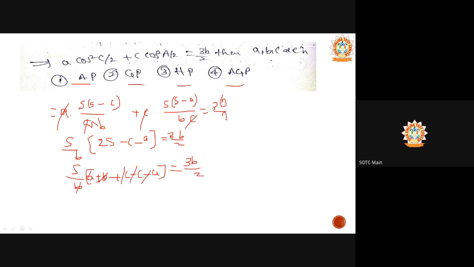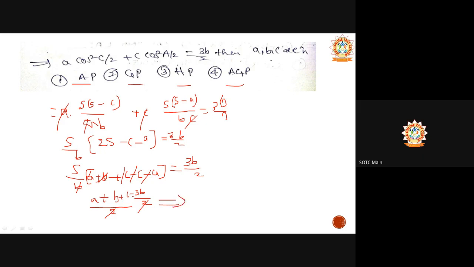So what is s? Again a plus b plus c by 2 is equal to 3b by 2. Now send this 2 to that side. Yes, so these two will get cancelled.